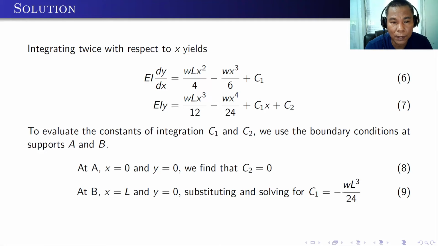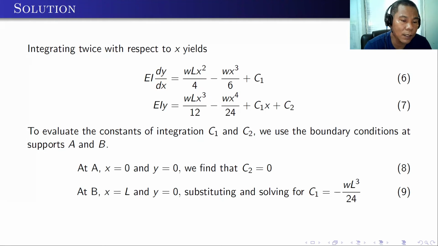And to evaluate these constants of integration, C1 and C2, we can use the boundary conditions at supports A and B. At support A, x is equal to 0, and as we have noticed, since that's a hinge support, the deflection is 0. If we substitute x is 0 and y is 0 at equation 7, then C2 is equal to 0.